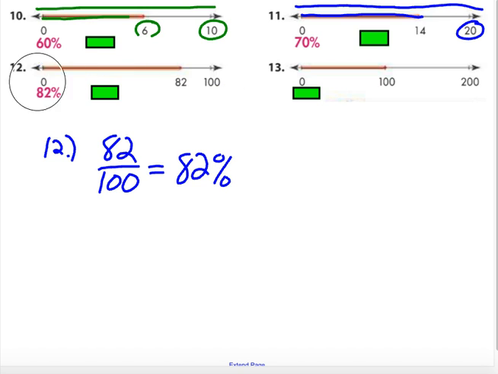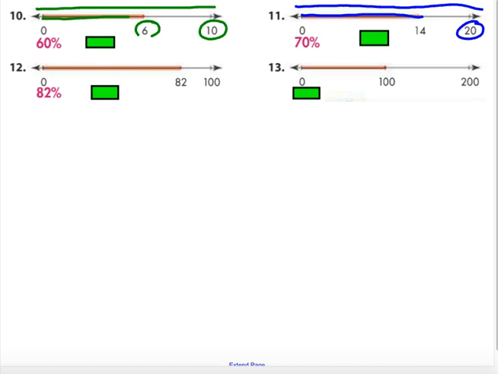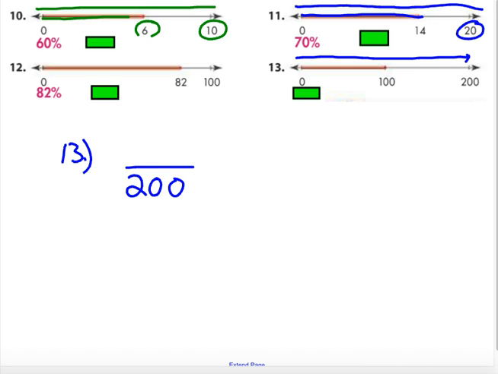Okay? Number 13, they switch things up on you a little bit. Okay? And so for number 13, if you look at it, we have a number line that is broken up into 200ths. So our second term is 200. And then they tell us that we have 100 of 200.